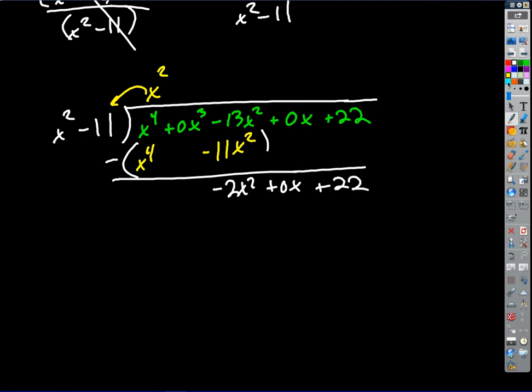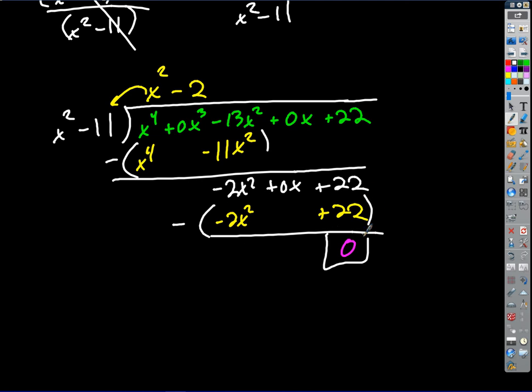Next term, x squared divides into negative 2x squared, negative 2. And you make a prediction here. What should happen? Cancel, all good. I should get 0 down there. I have to, right? So let's see if we can make that happen. So when I distribute the negative 2 all the way through, I'm going to get negative 2x squared plus 22, and what do you know?